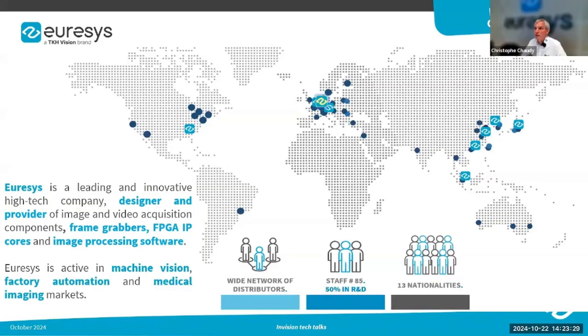Euresys is a Belgian company. We are specialized in manufacturing and providing vision components for machine vision. We have daughter companies around the world, but especially in Asia, where we sell most of our products.